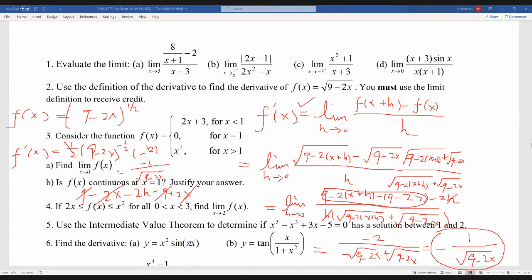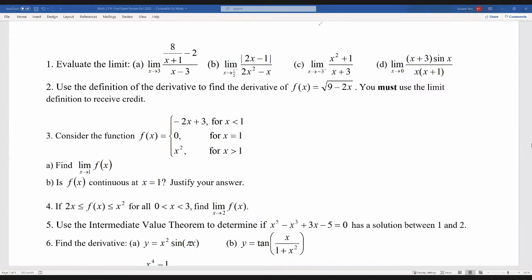We have finished number 2 by using the definition of the derivative. It's quite straightforward, as long as you know how to do algebra. So the answer is this. Now let me erase this because I want to continue here. Let's look at the answer in the textbook.